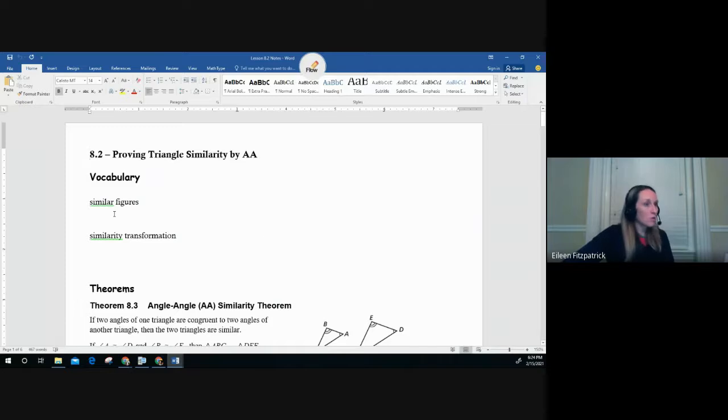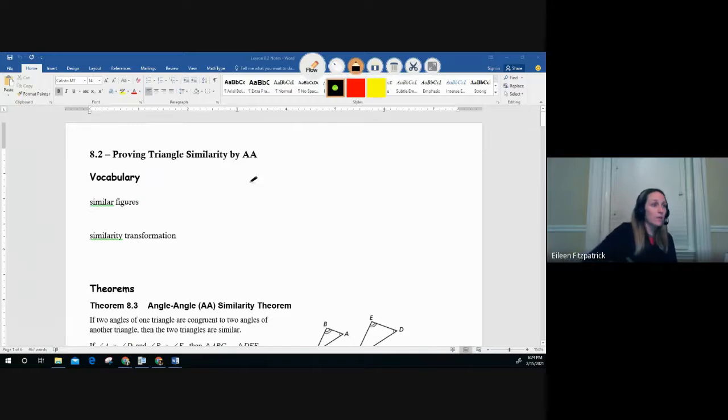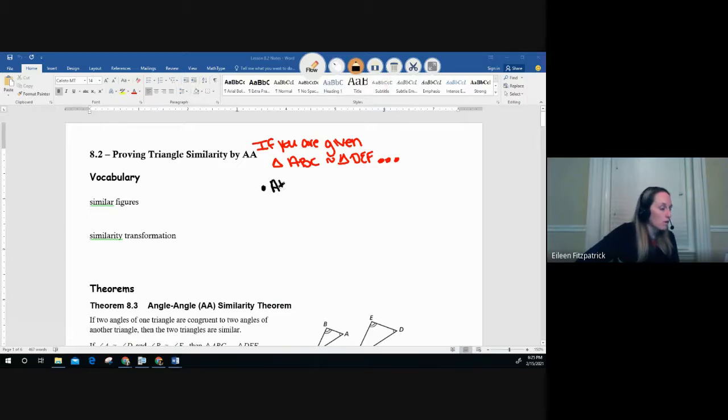All right, just as a quick recap before we move on to proving triangles similar by AA, what we learned in lesson 8.1 is that if you are given triangle ABC is similar to triangle DEF, then we know that all corresponding angles are congruent.